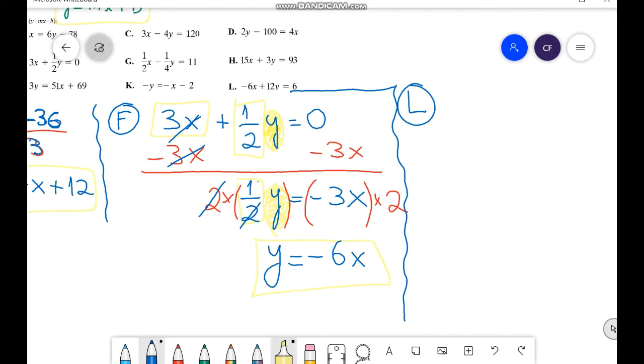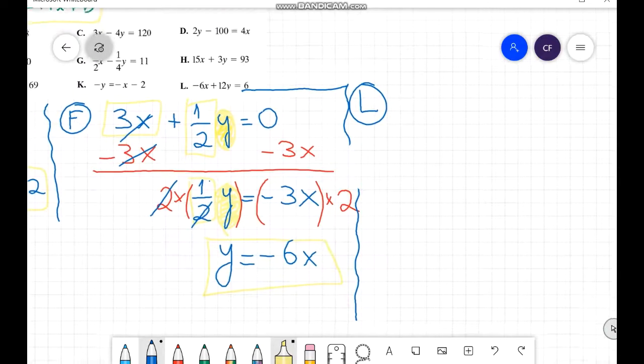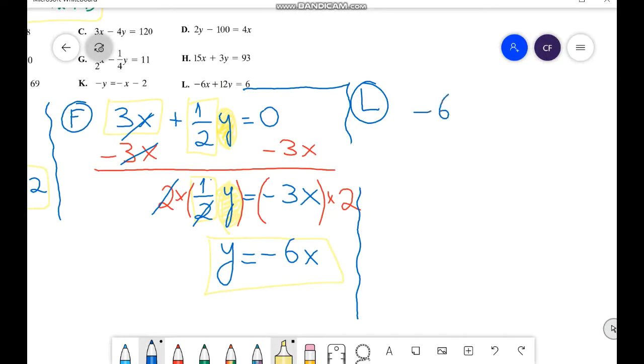For L, we're going to have this equation here. Let me move this a little bit more. Negative 6x plus 12y equals 6.